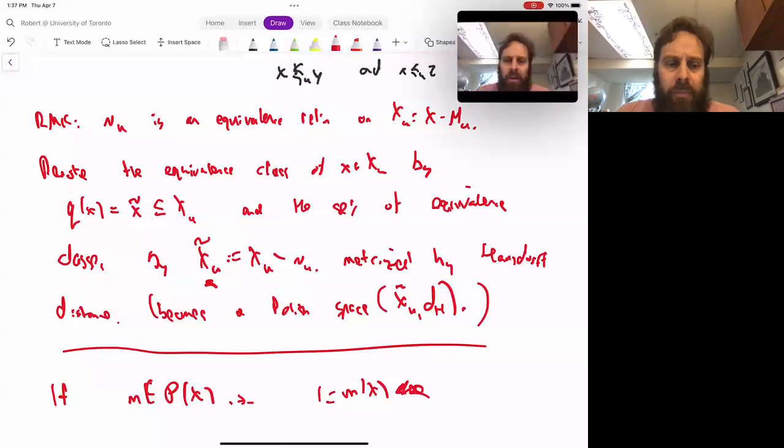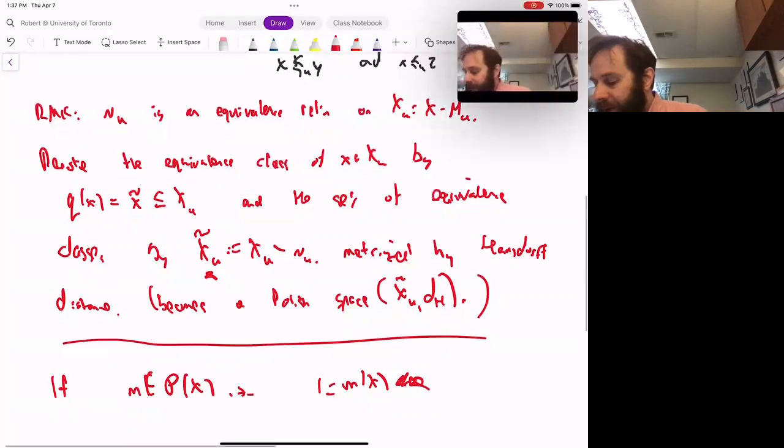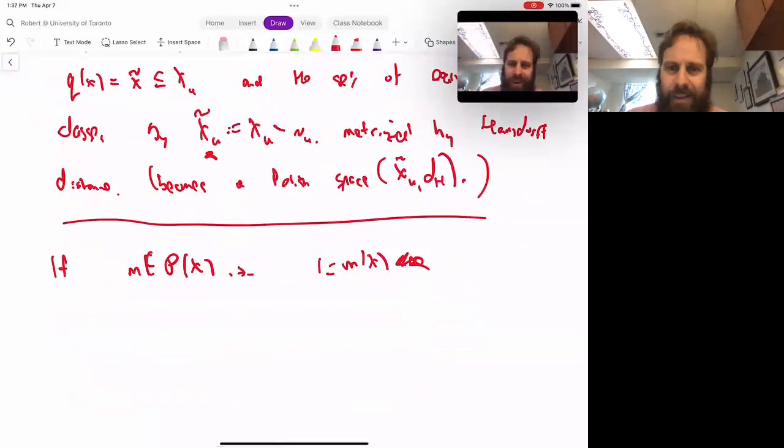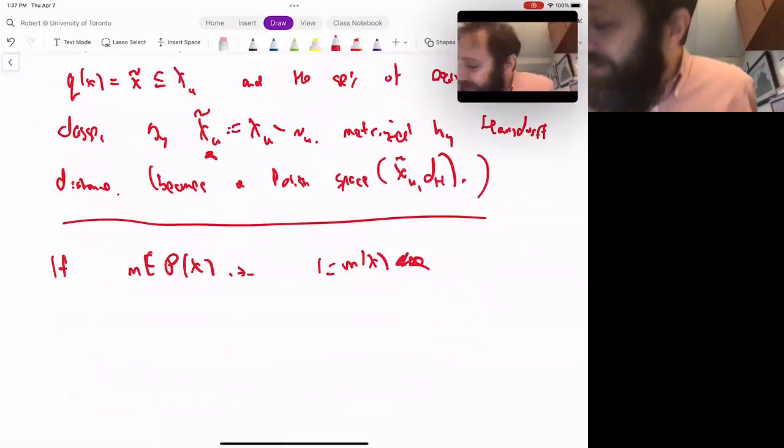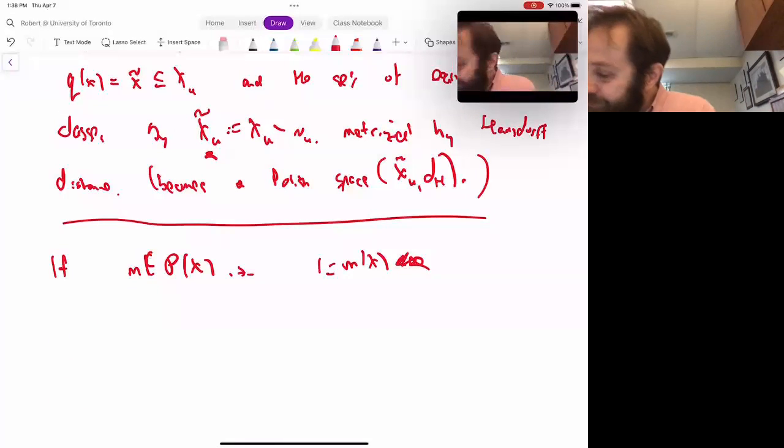Things get a little more tricky if you have a reference measure with finite total mass, you can always normalize it to be a probability. But things get more tricky when you have infinite reference measures like Lebesgue measure on R^n. There's a trick for handling them, which is basically you multiply it by something that makes it finite, like maybe a Gaussian density, and then you do everything for the multiplied measure, and you show that the multiplication doesn't affect things, so afterwards you can divide out. But anyhow, let me not get distracted by that.